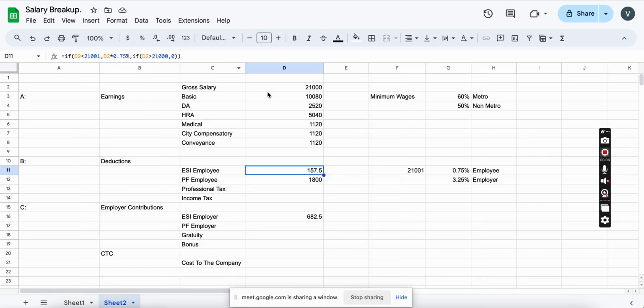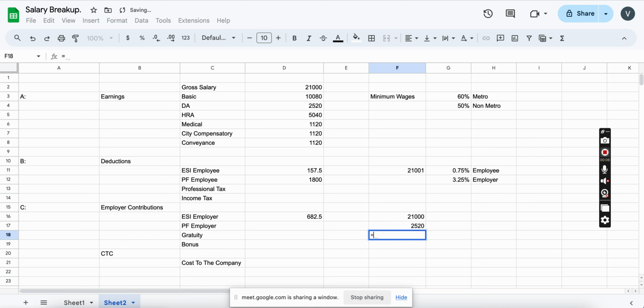Suppose for example, here the gross is 21,000 and HRA is 2,520. This minus this is 18,480, and 12% of this is 2,217.